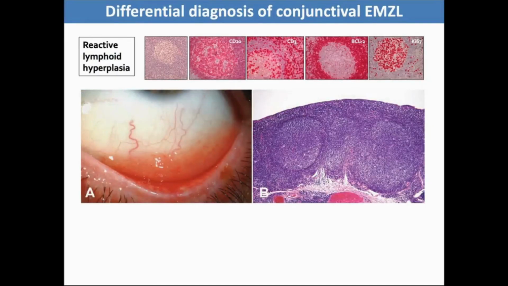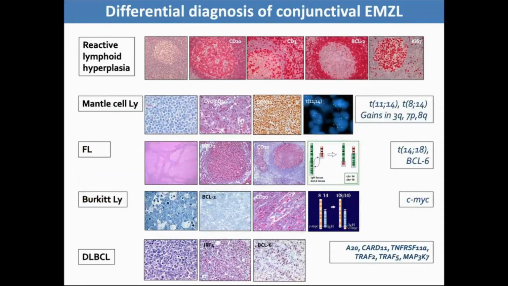It's important to differentiate MALT lymphomas, particularly of the conjunctiva, from reactive lymphoid hyperplasia, which demonstrates a polyclonal proliferation of both B and T cells, with no aberrant expression of any T cell markers. It's also important to differentiate any conjunctival MALT lymphoma from other small cell B cell lymphomas, such as a mantle cell lymphoma or a follicular lymphoma.